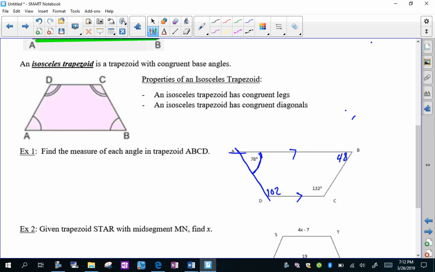Now there's a check. What is it? Add them up. We just said that in a quadrilateral, the four angles added together equal 360 degrees. I would write that down: consecutive angles are supplementary.